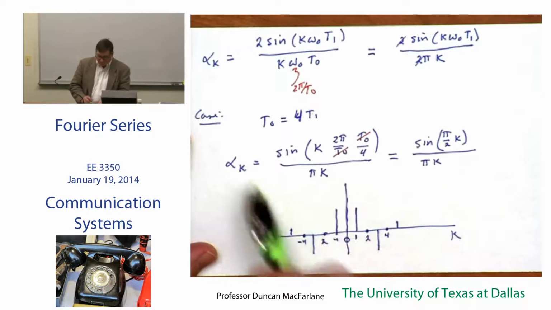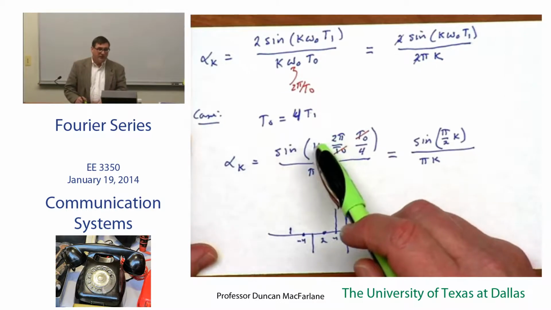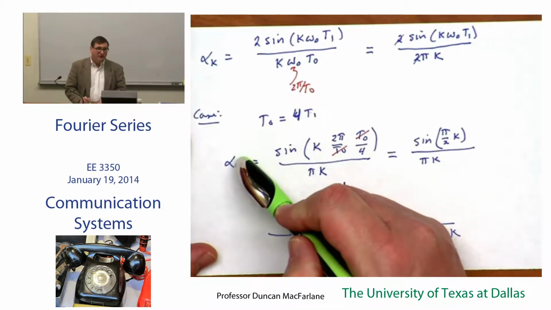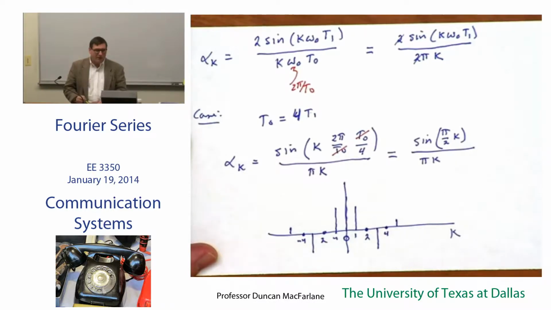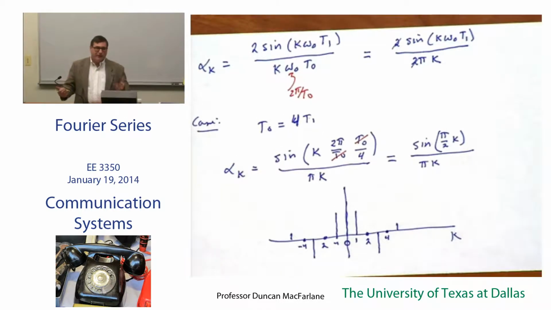And you'll see that because our function is even, all our alphas are real. That's a very special case. The reason I'm happy about that is it makes the plotting very trivial. If I had an A and a B, a real part and an imaginary part, I'd probably have to square the A's, square the B's, add them together and square root them.